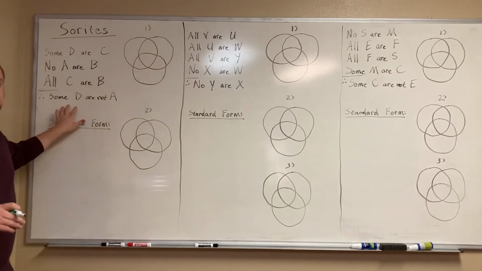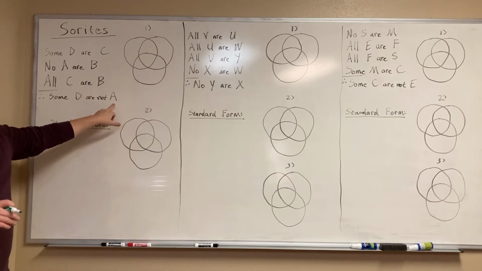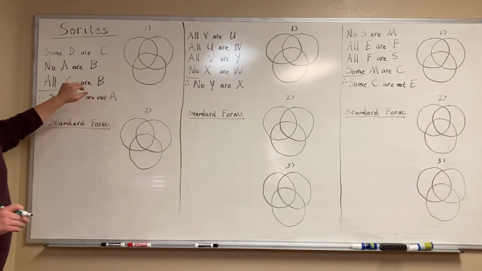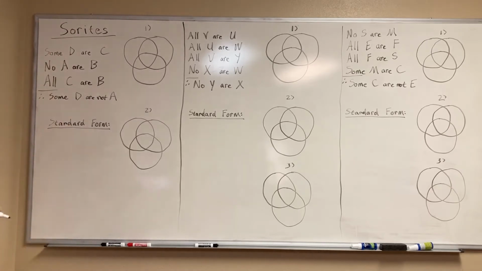Kind of the same process as we did before. The major premise, which is the predicate of the conclusion, or the major term. Major premise is the one with the major term. We need to put that at the top, like we do with categorical syllogisms.